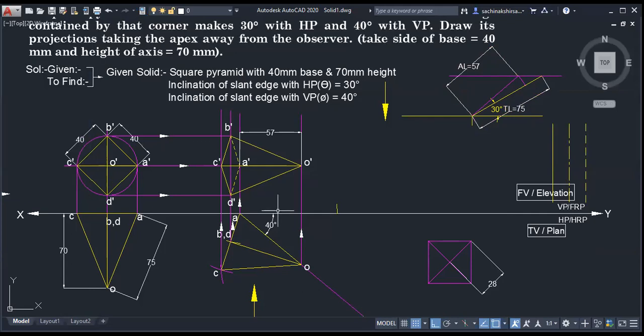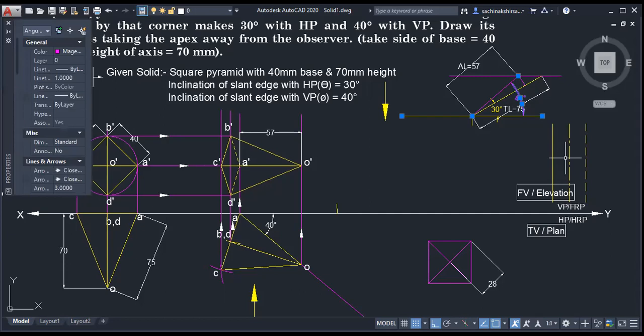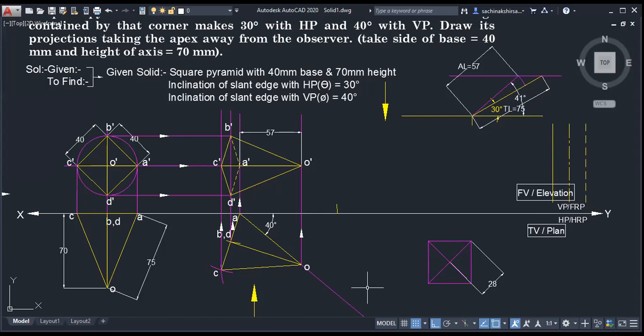Now you have to measure beta. Who will tell the value of beta? The angle made by the apparent length with this. 40? Exactly, it is 41.